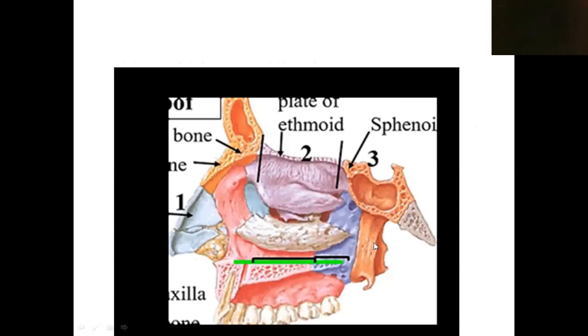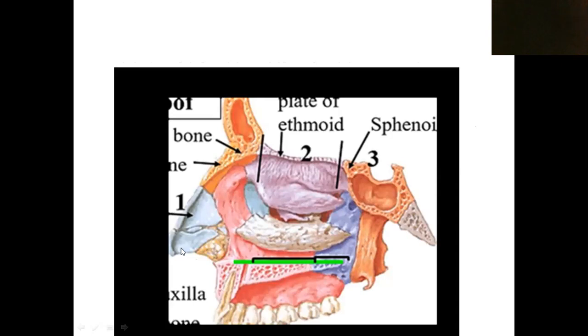Once again: nasal, frontal process of maxilla, lacrimal, labyrinth of ethmoid, inferior nasal concha, perpendicular plate of palatine bone, then the medial pterygoid plate of sphenoid bone. So those are the bones.